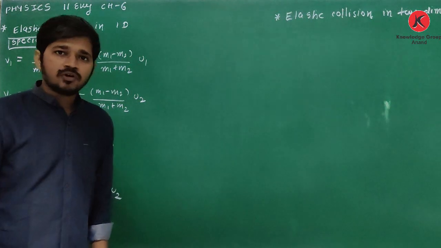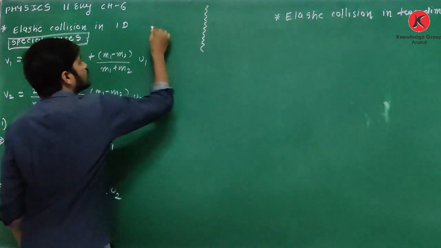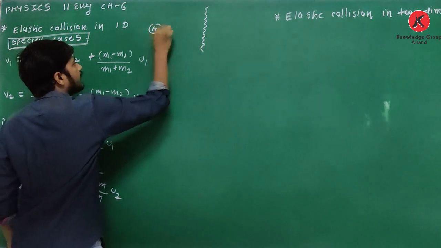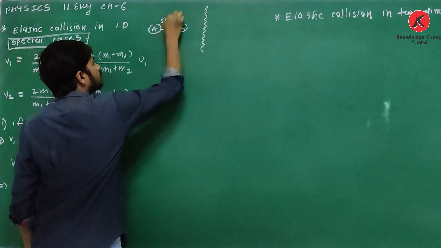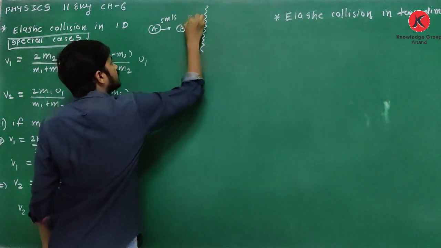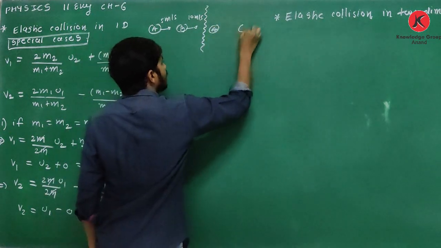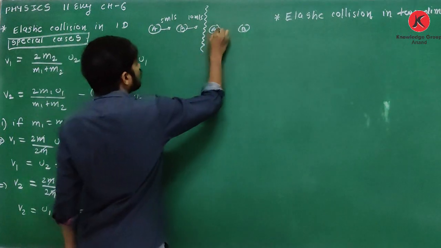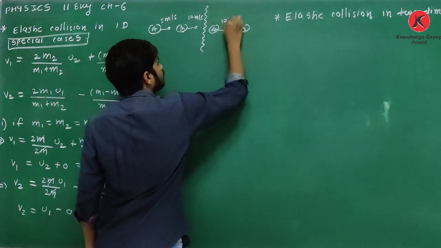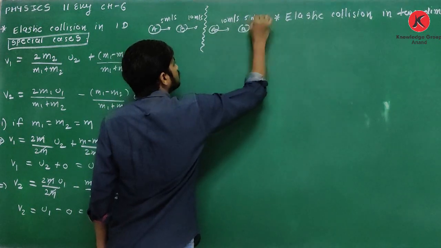For example, before collision, this is object A and this is object B, its velocity is 5 meter per second and its velocity is 10 meter per second. Then after collision their velocities interchange, meaning the velocity of A will become 10 meter per second and the velocity of B will become 5 meter per second.